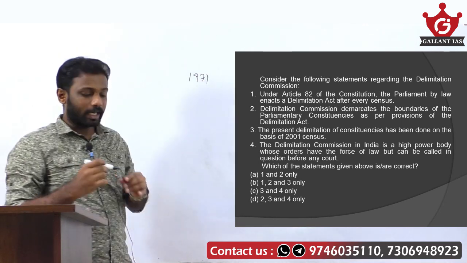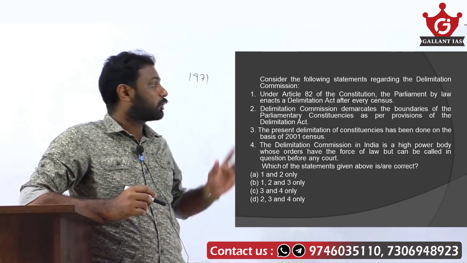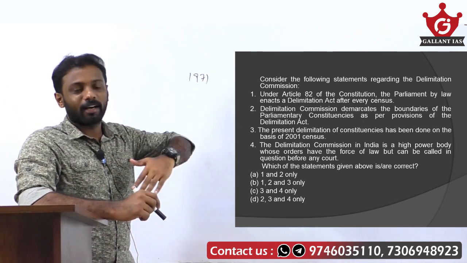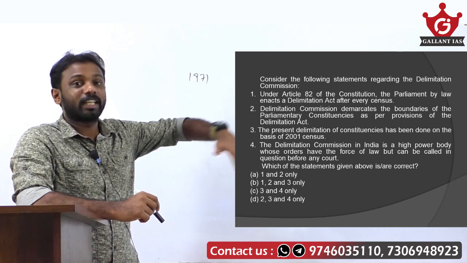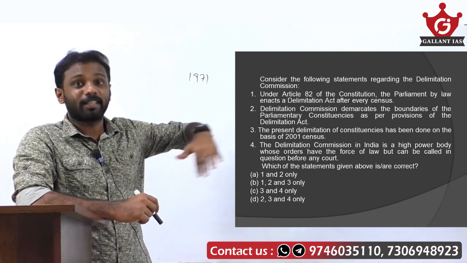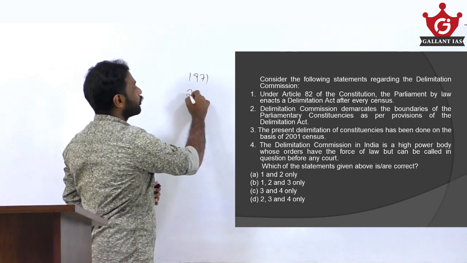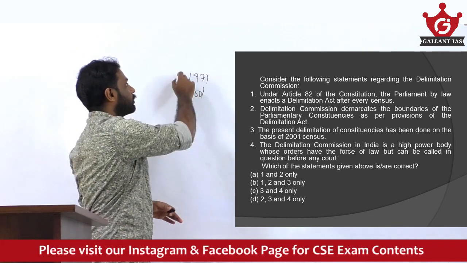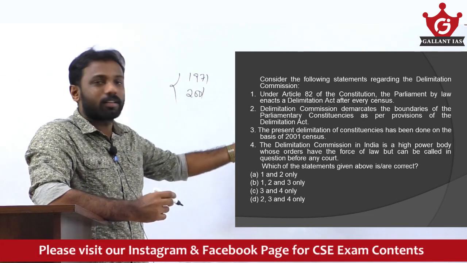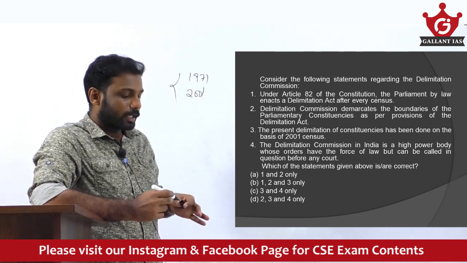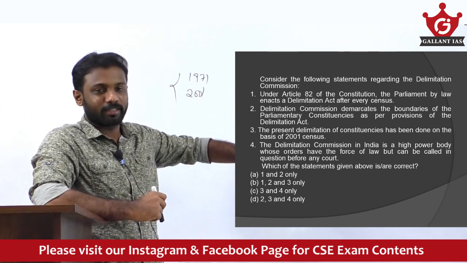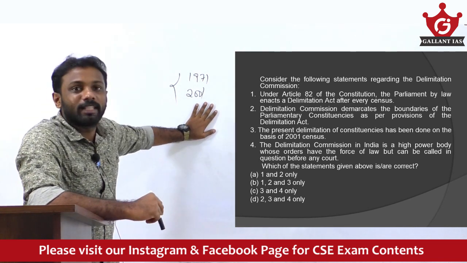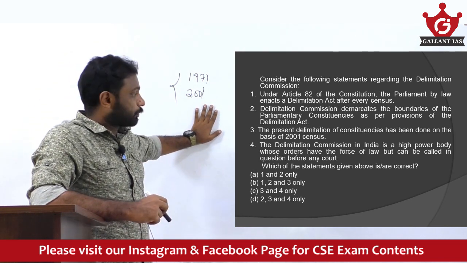I repeat once again, the number of seats allocated to a state is based on the 1971 census, but the territorial constituency, that boundary, that location is demarcated based on the 2001 census. Okay, so these differences you please note down. Fine. So 3 is also a correct statement here because the constituencies are demarcated based on the 2001 census.